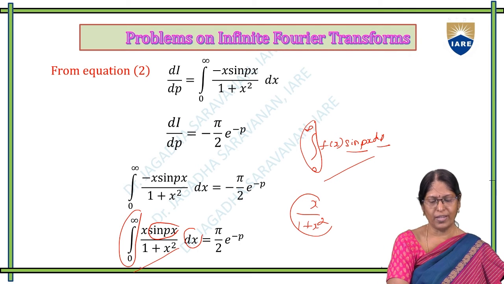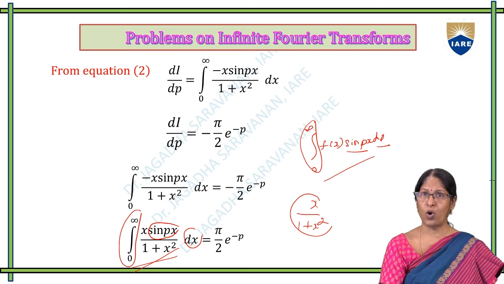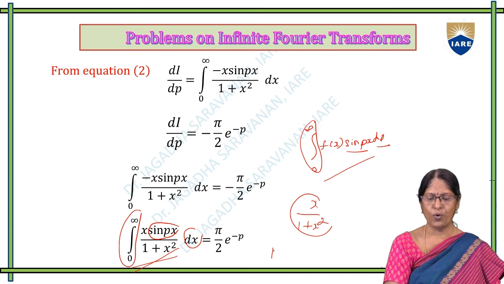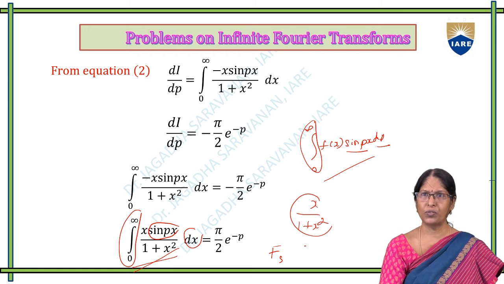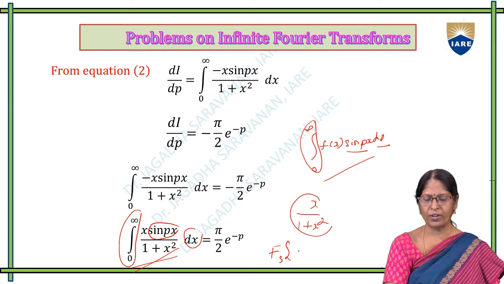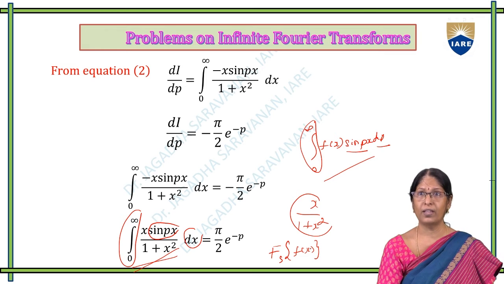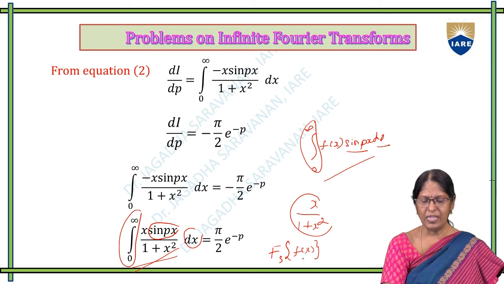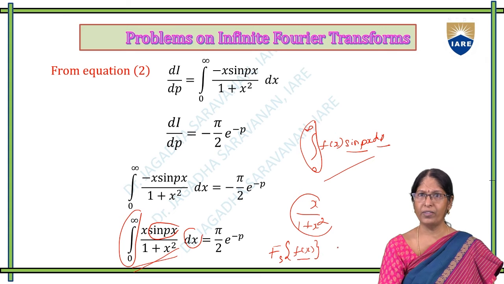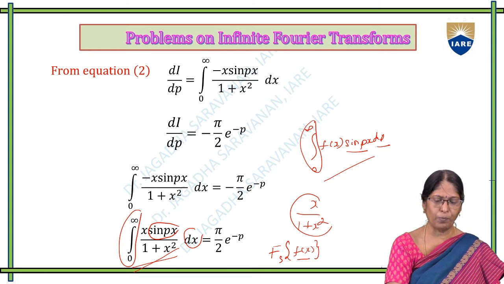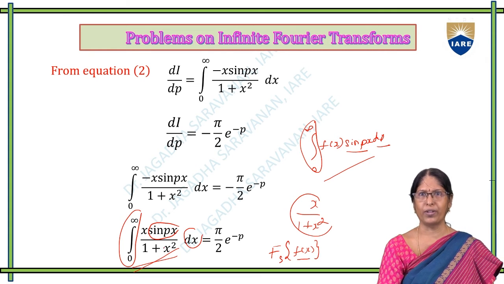In a simplified format, we can write the Fourier sine transform of the function f of x in this format. Here f of x is playing the role of x by 1 plus x square.